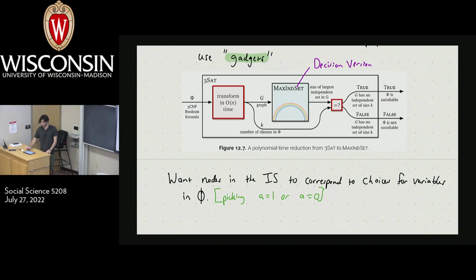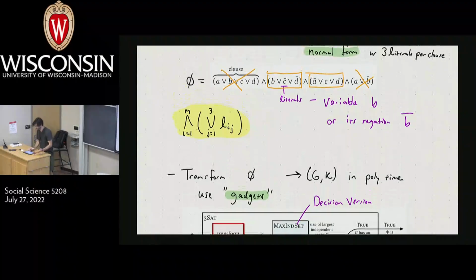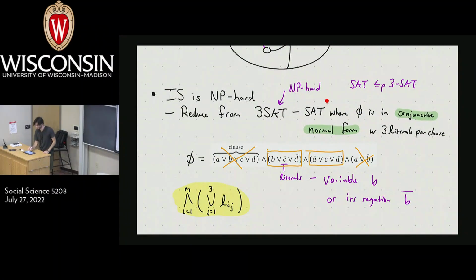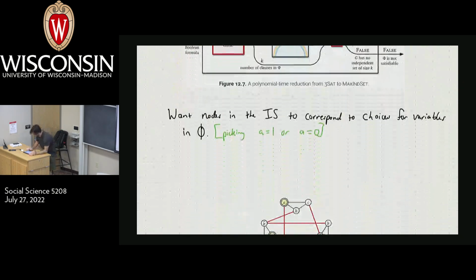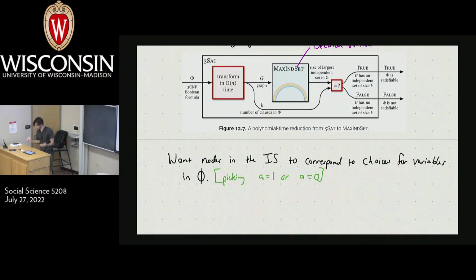Let's think for a second how we might want to do this. First of all, we have this nice number 3. It needs to help us somehow, because obviously if it wasn't helpful, I would have just reduced from SAT. We know each clause has 3 literals, so maybe we can turn literals into nodes and clauses into subgraphs.